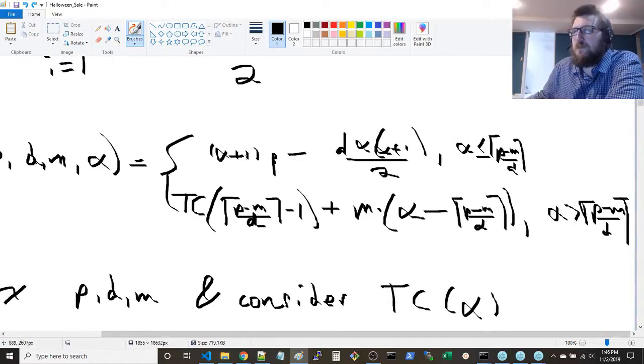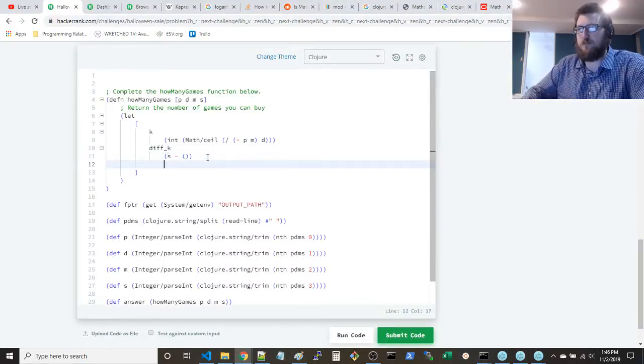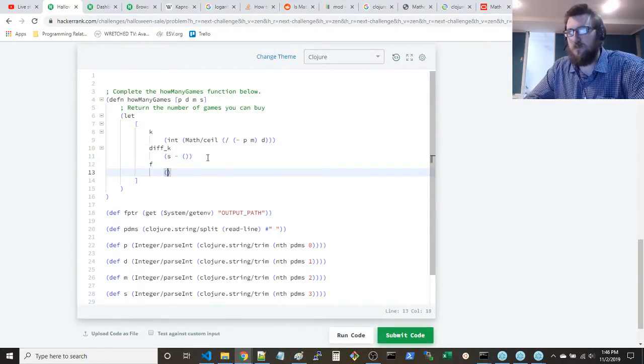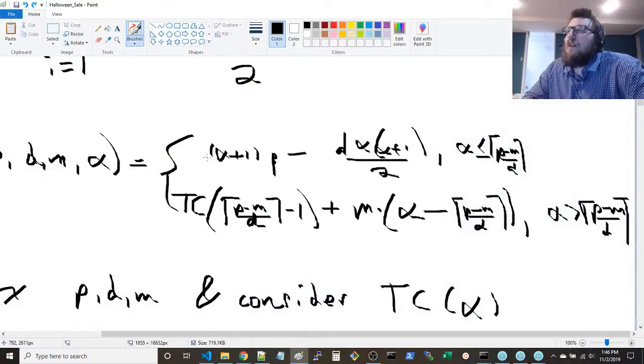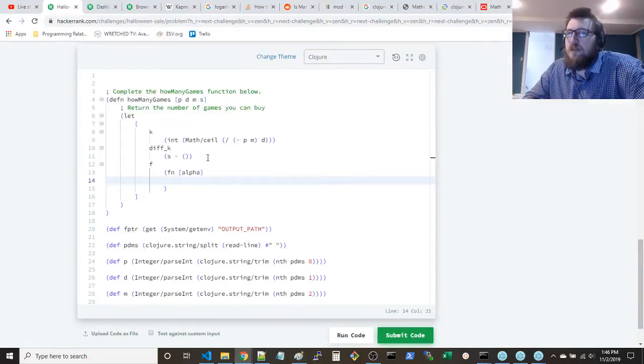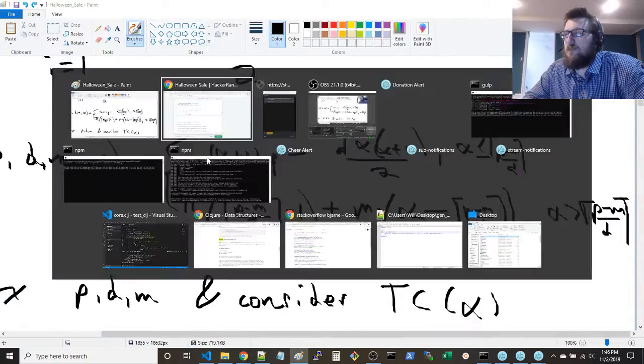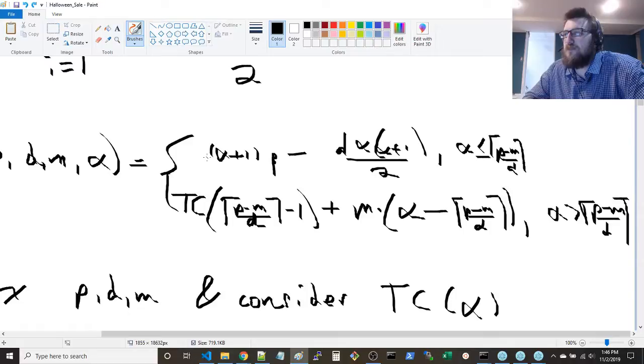Call this F. It's a function which takes alpha, and P and D are just kind of present.